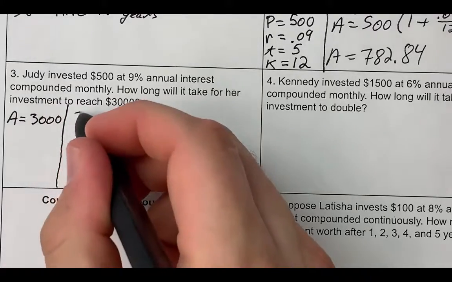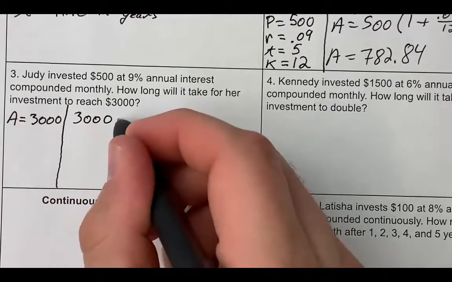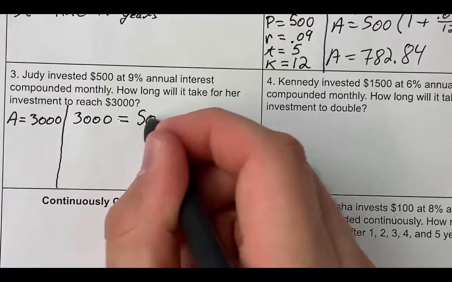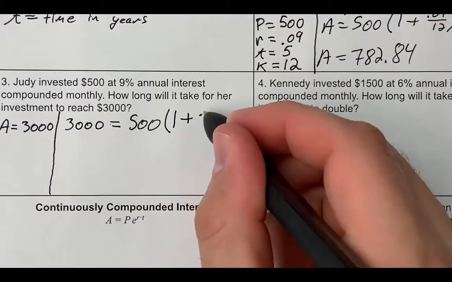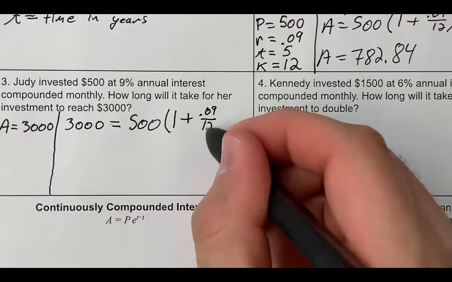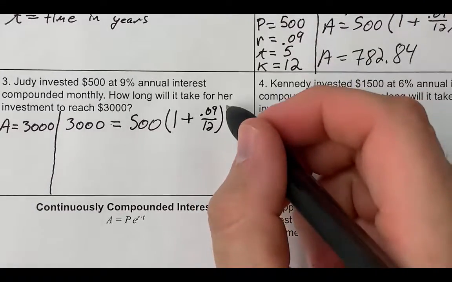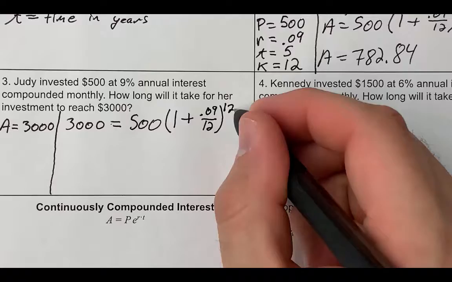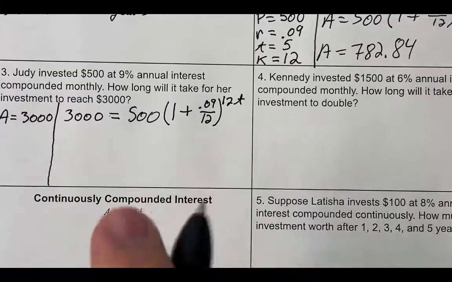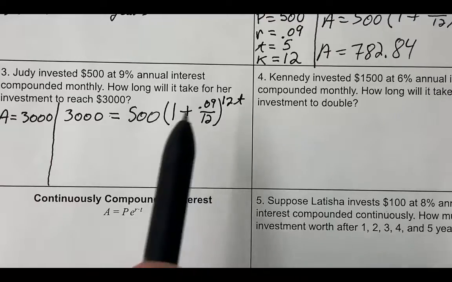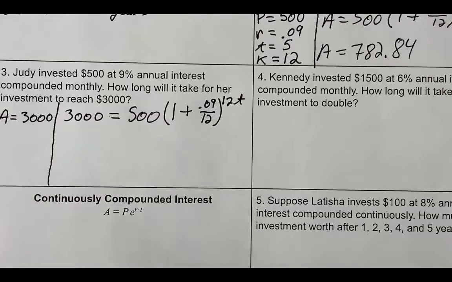So I'm going to plug in $3,000 for A. I have $500 as the principal, times 1 plus 0.09 divided by 12, still 9% just like the last problem, raised to the 12t. And I want to solve for t. To solve for t, you're going to graph the left and graph the right, and figure out where they cross.